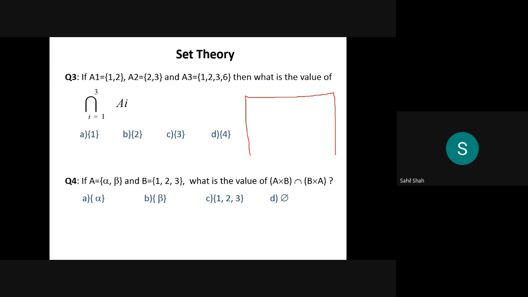I am drawing a Venn diagram for your understanding, nothing else. This is set A. This one is set B. I hope I have drawn quite a good Venn diagram using the mouse, which is quite difficult. You can check at your end. So this one is set A. This one is set B.